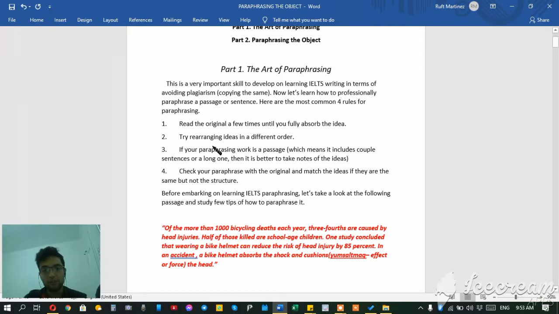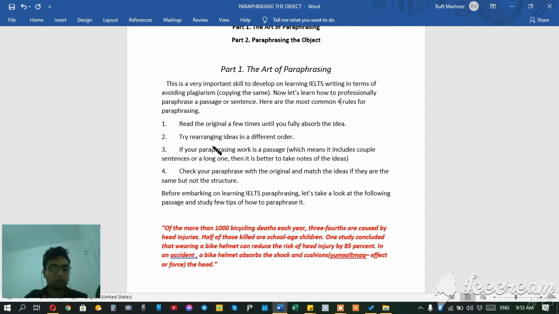Again, we'll discuss that further too. After you understand the main idea of the question, the sentence or the passage, try rearranging it in a different order. By the way, the ways of something, you can also say the means of something. This is more formal, so use this word.